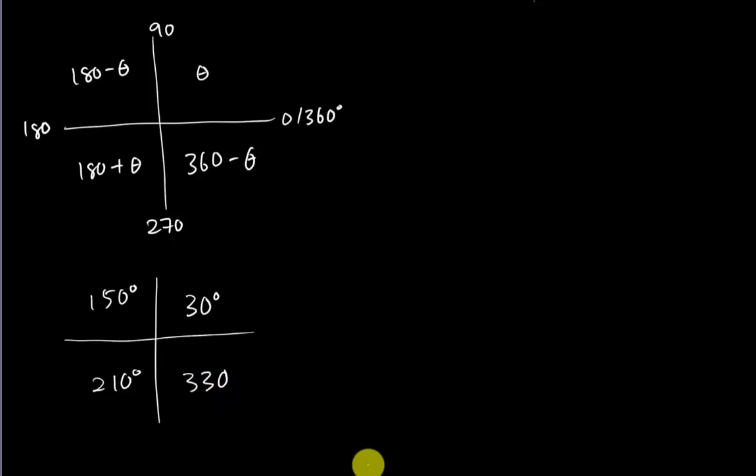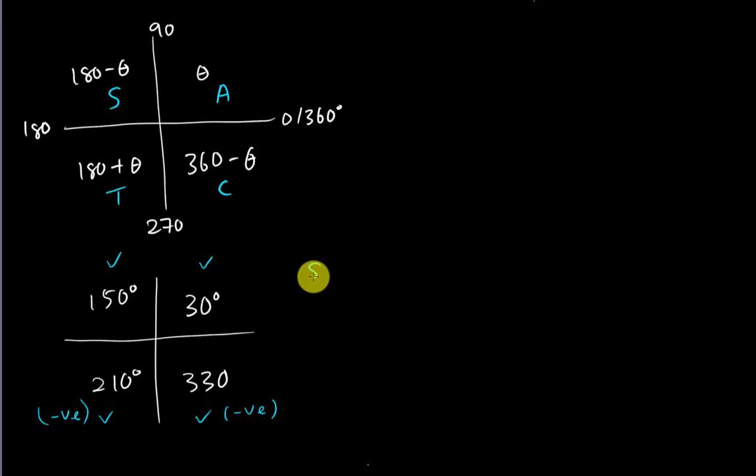Because we learn something like add sugar to coffee, isn't it? All positive, sine positive, tangent positive, cos positive. So in the first two quadrants, sine is positive. In the last two quadrants, sine is negative.